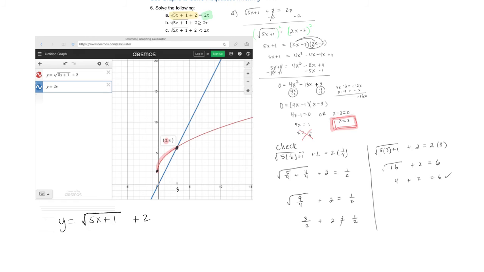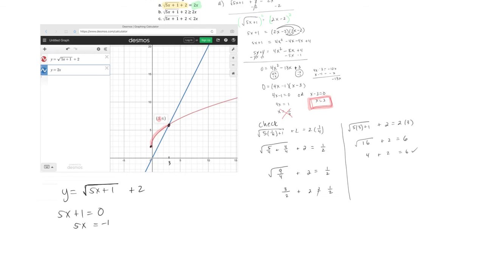So we can't input negatives into that square root, or else it's undefined. So the smallest value that we could have in there would be a 0 in the square root. So if we had 5x plus 1 is equal to 0, subtracting 1 from both sides, we'd get 5x equals negative 1. Dividing by 5, we would get x equals negative 1/5. And so this right in here, that is negative 1/5.